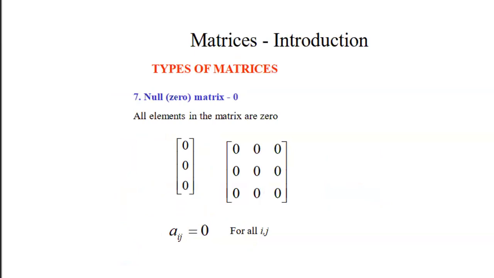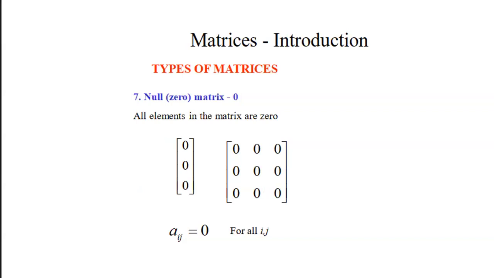Then there's what we call the null matrix. Null matrix, all the elements are 0, right? And the null matrix doesn't have to be a square matrix. Nothing says that. So you can have a null matrix that has all kinds of dimensions.